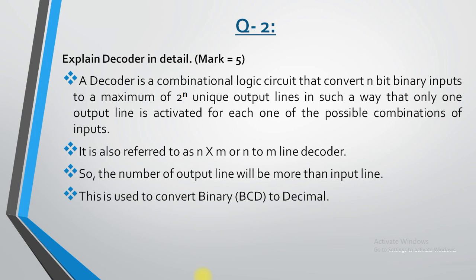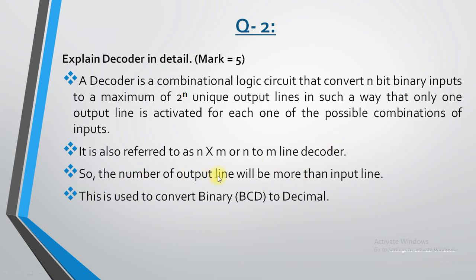For example, if there are 2 input variables, you have 4 output lines, and only one output line is activated. It is referred to as n into m, also pronounced as n to m line decoder.